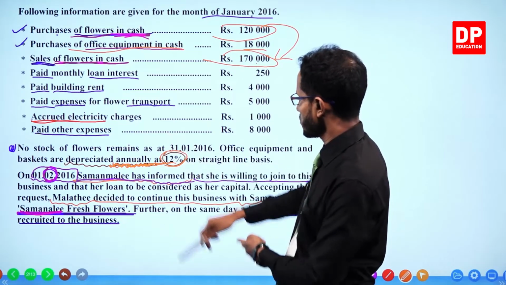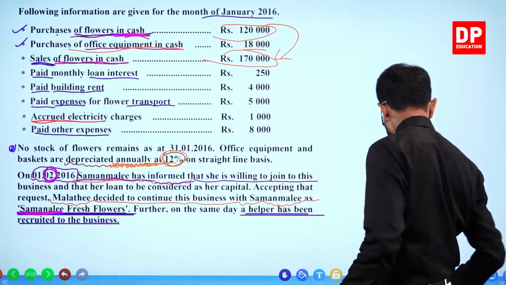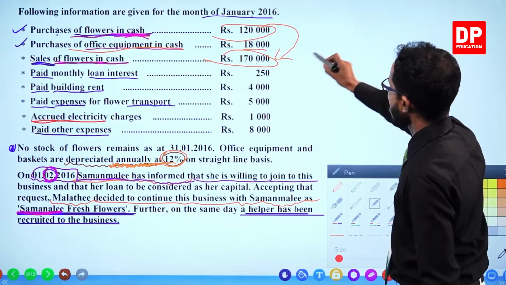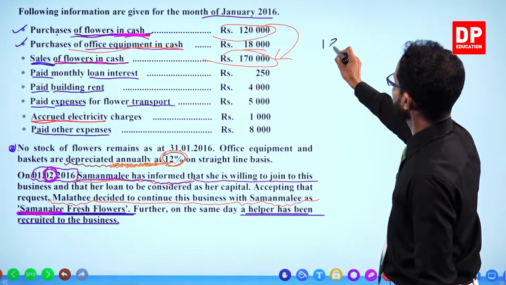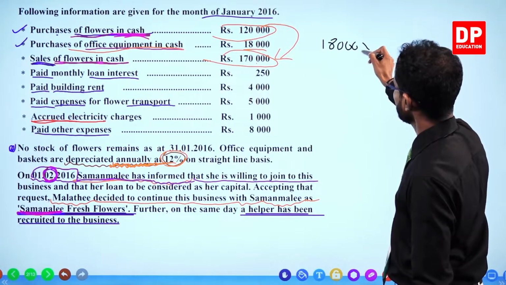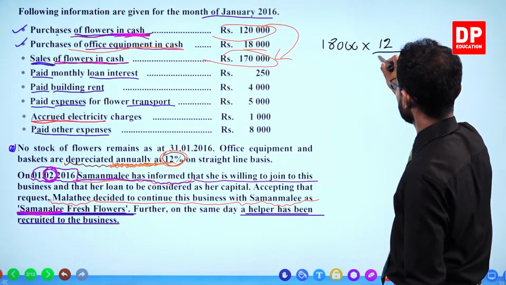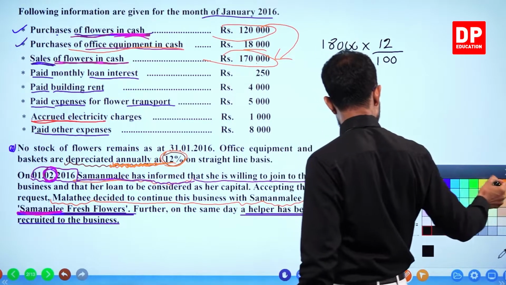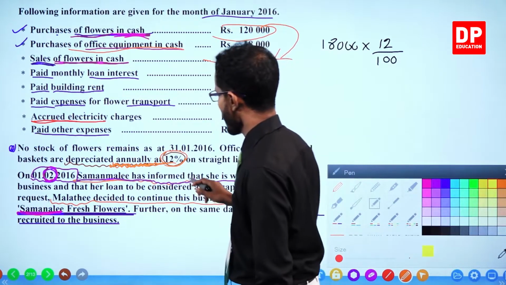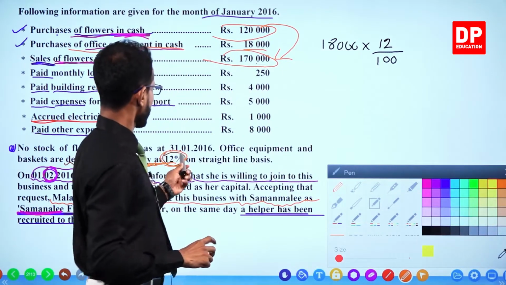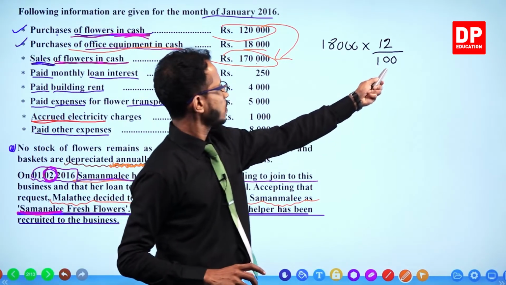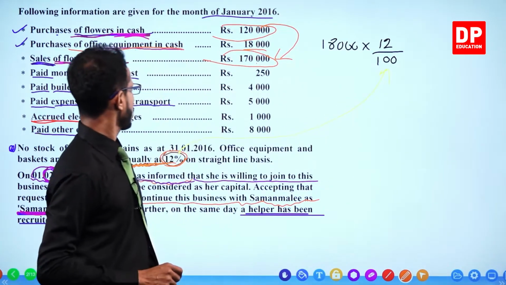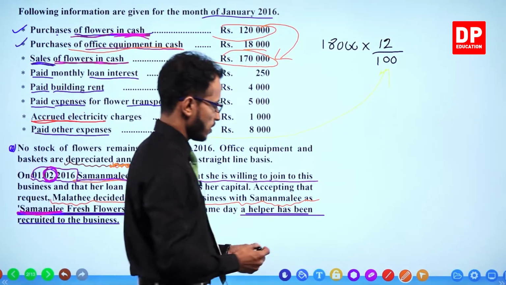So 18,000 into 12%. Let's do the calculation right here. 18,000 into 12 over 100, 12%. Can you see that?